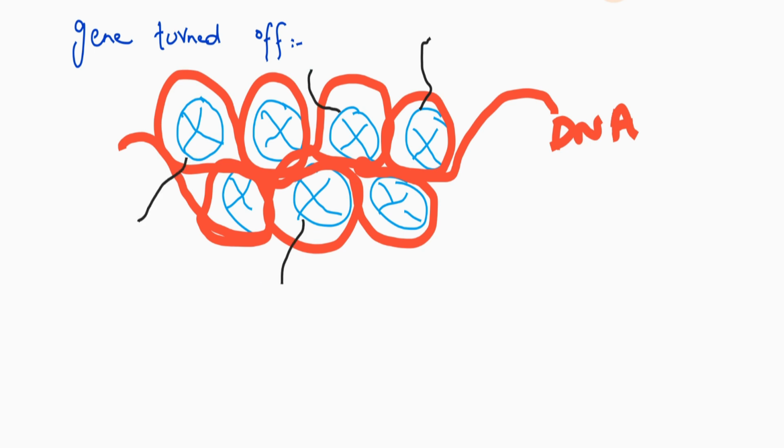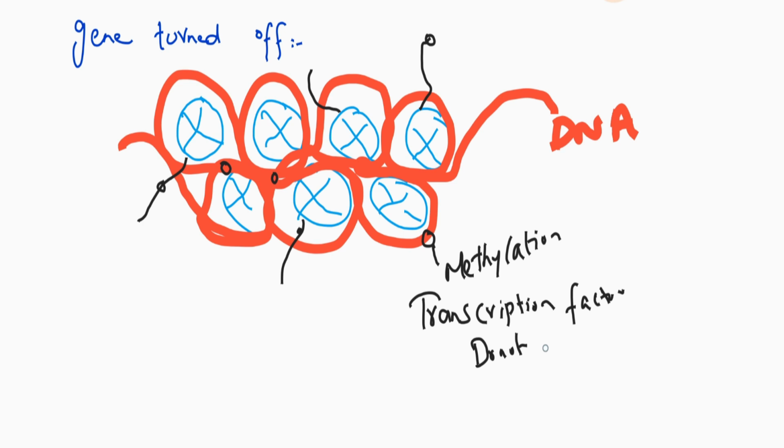When the gene is turned off, then the histone protein and DNA have a modification, which is known as methylation. The methylation of DNA or histone proteins results in compact or tightly packed form of nucleosome, and transcription factors do not bind to DNA and genes are not expressed.